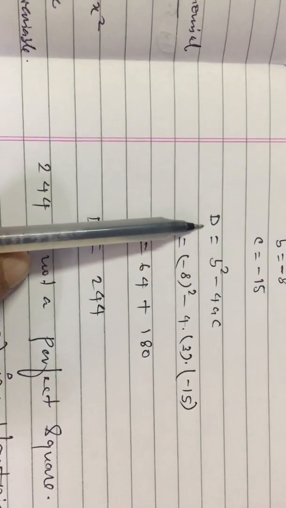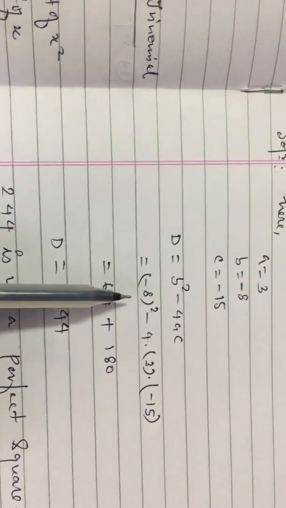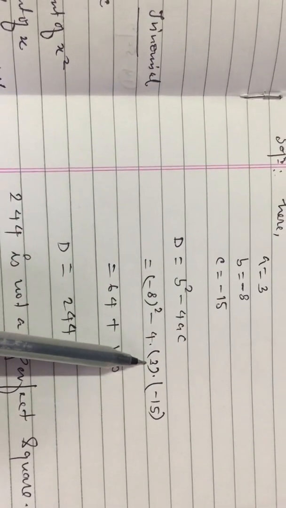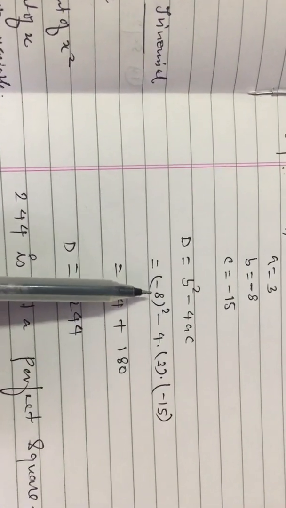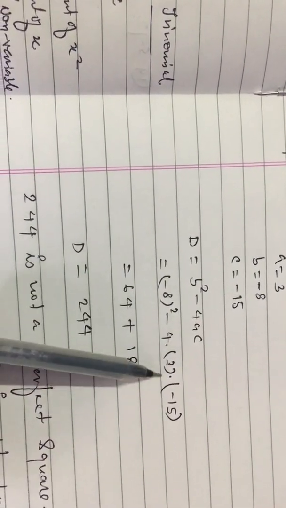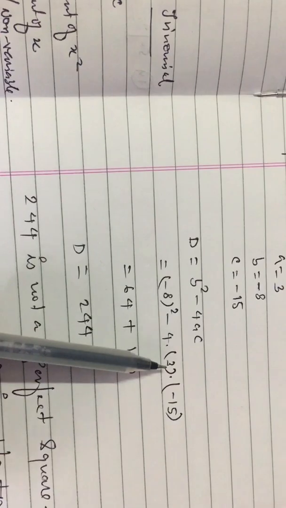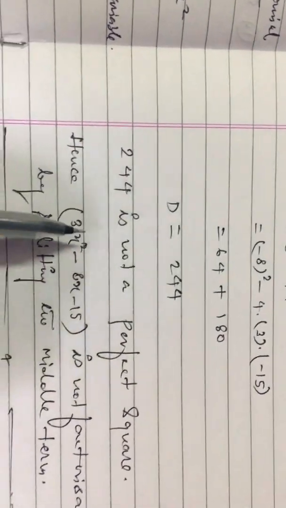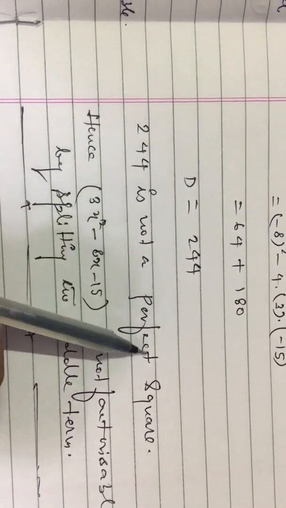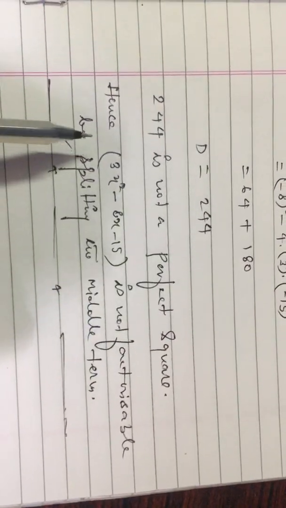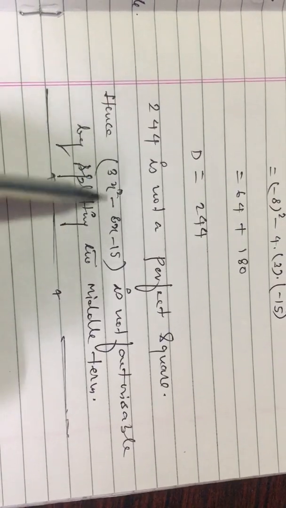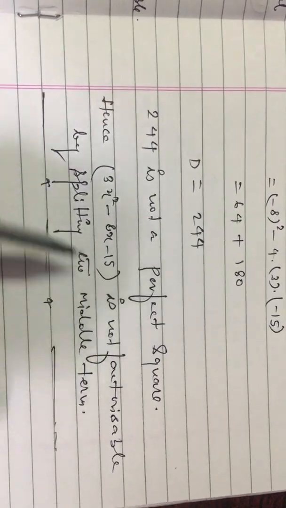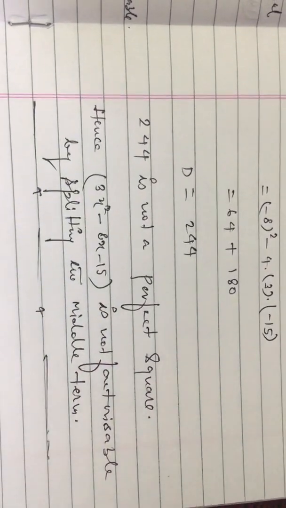Writing the formula for d, b square minus 4ac, the value of b is minus 8, a is 3 and c is minus 15. So the square of minus 8 is 64, this minus times minus is plus, 4 into 3, 12 into 15, 180. On adding this, 244. I think you should know that 244 is not a perfect square. It means hence this expression, 3x square minus 8x minus 15, is not factorizable by splitting the middle term.